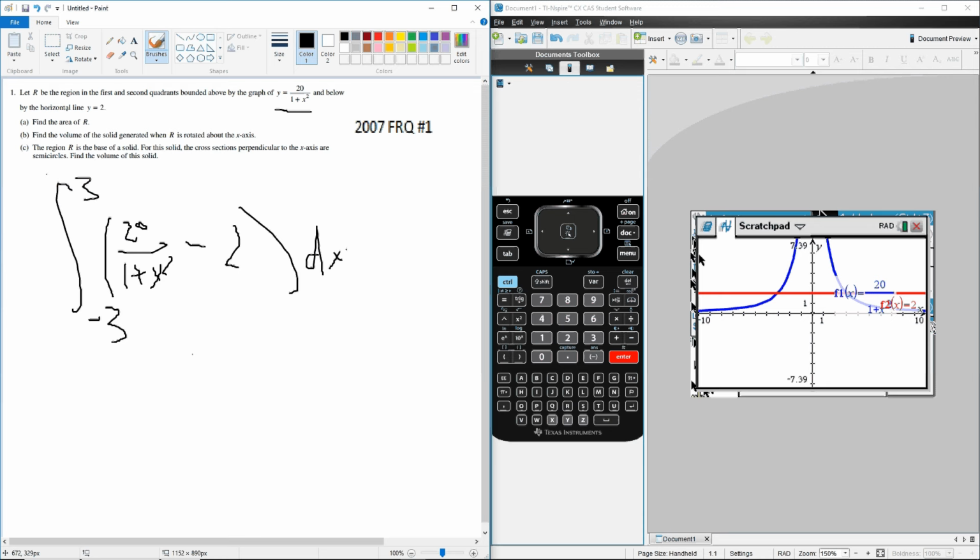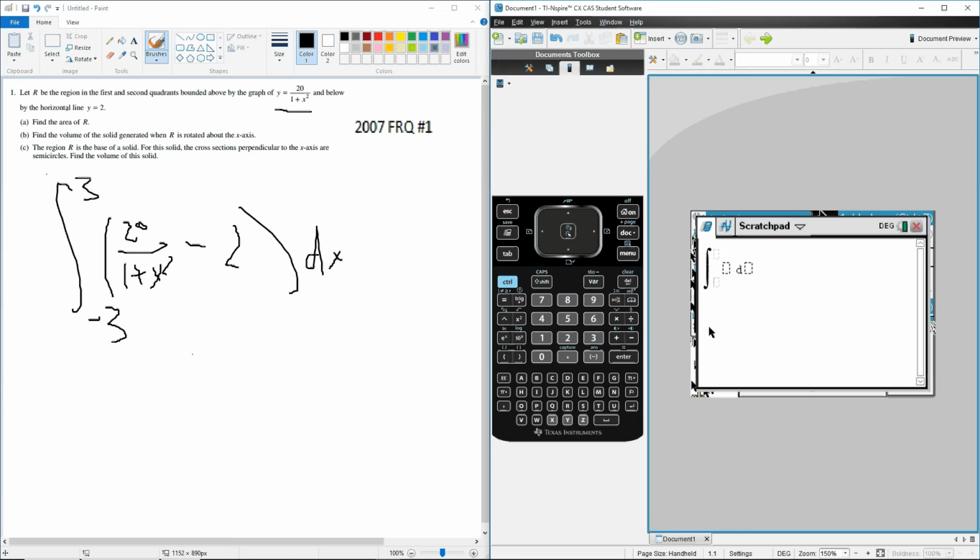Notice that we can't perform this integral by hand, but this is on the calculator section of the AP test, so we can just plug these numbers into our calculator, as shown. Minus 2 dx.